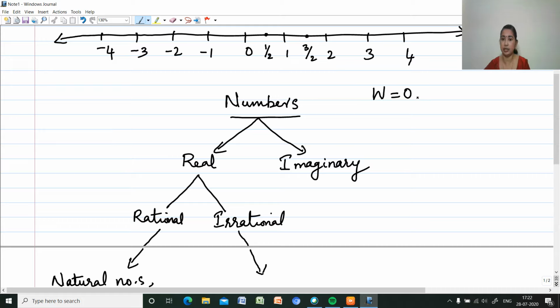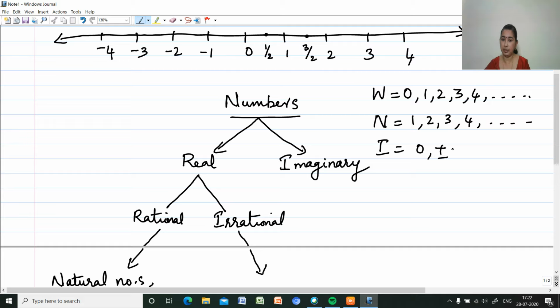Next we can see the natural numbers, that is 1, 2, 3, 4, etc. Then we can see integers. What are integers? 0, plus or minus 1, plus or minus 2, plus or minus 3, etc.